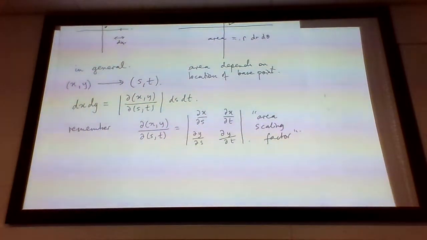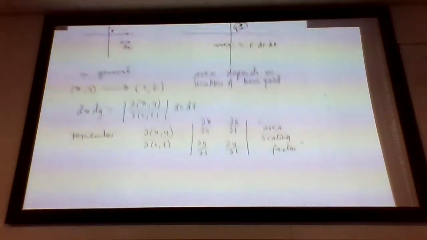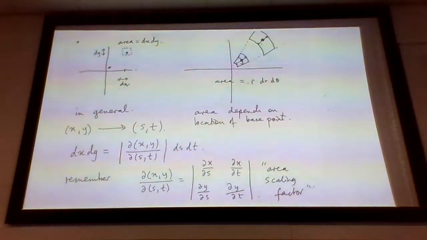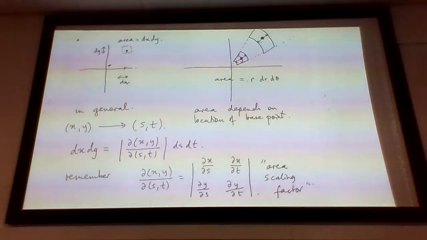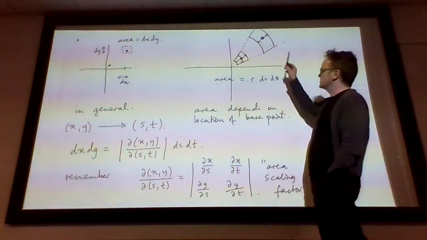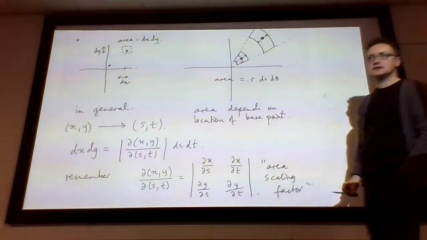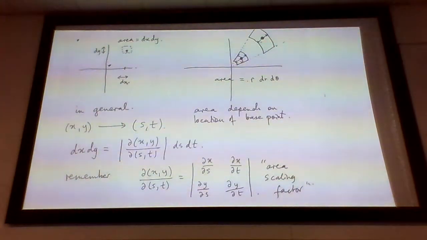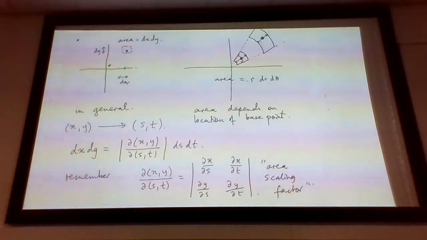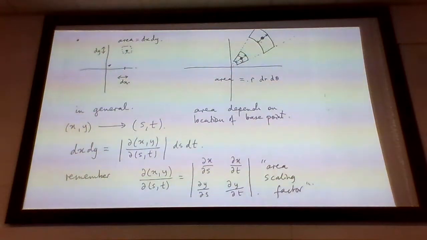It tells you how the area of regions covered by changes in the variables scales depending on your location. If you're talking about the polar coordinates, it depends on your location simply with this factor of r. And it's true in higher dimensions as well. We'll be seeing, I think in this afternoon's class, some three-dimensional examples.